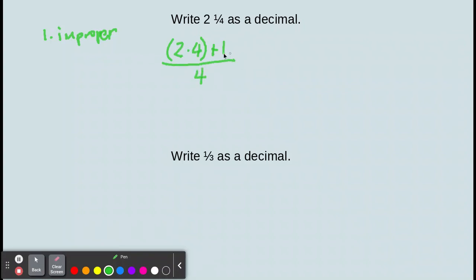So 2 times 4 is 8 plus 1 is 9. So 2 and 1/4 is the same as 9/4. Now to change that into a decimal, we divide the numerator by the denominator, right? 9 divided by 4. Numerator goes inside the box, denominator is outside.